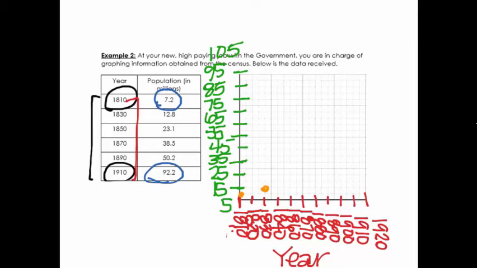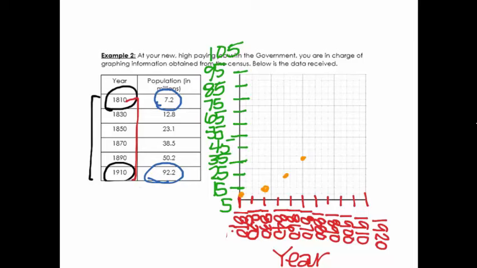In 1850, so that's between the 1840 and the 1860 box, I had a population of 23.1, so I'm going to go up just below the 25 box and draw my point. In 1870, I had 38.5, so just above my 35.